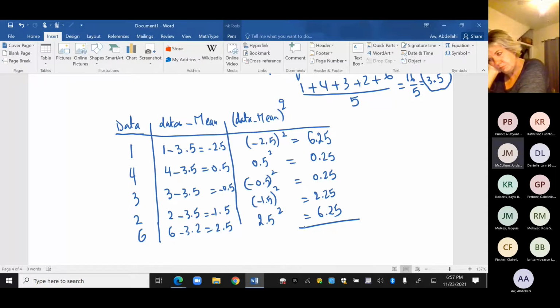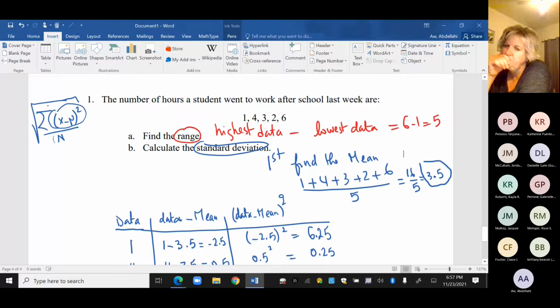Which is 15.25. All right. So far we did the sigma part.